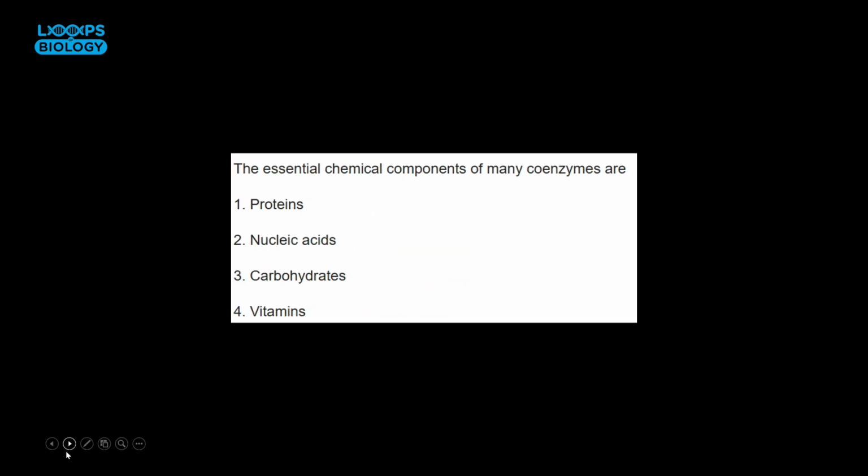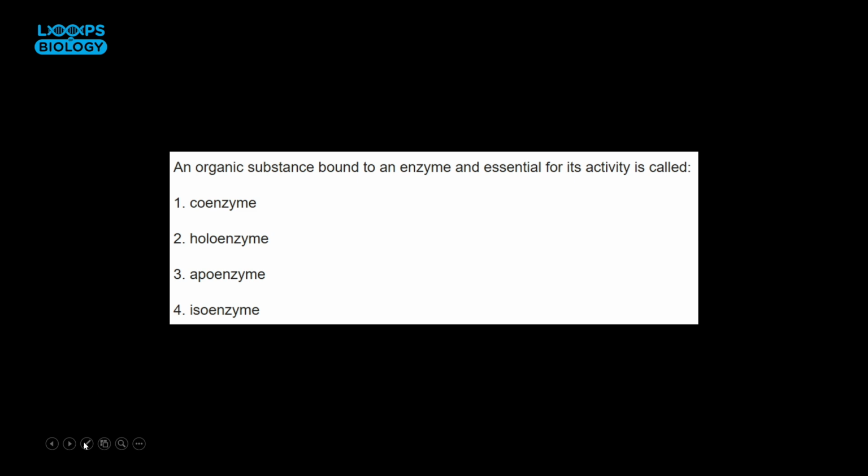The essential chemical component of many coenzymes are, right now I told you that coenzymes are mostly made up of vitamins. An organic substance bound to an enzyme and essential for its activity. Now it is an organic substance. The vitamins are also organic in nature because they contain carbon, right?